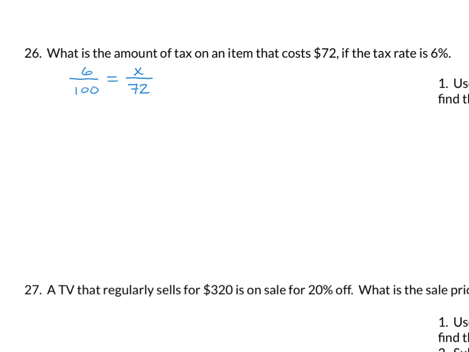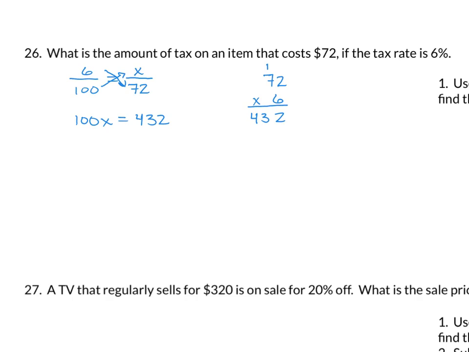All right, so we have our proportion. We can go ahead and cross multiply. We get 100x equals 6 times 72. If we go ahead and multiply this, we get 6 times 2 is 12. 6 times 7 is 42 plus 1 is 43.